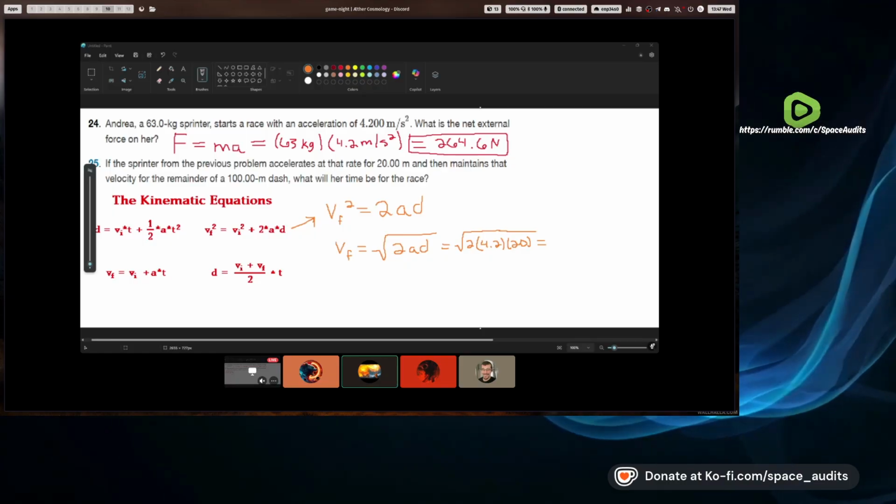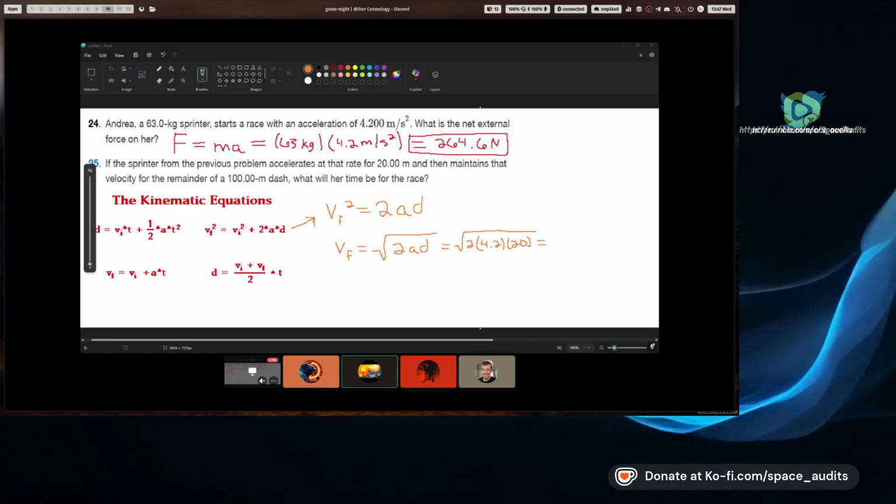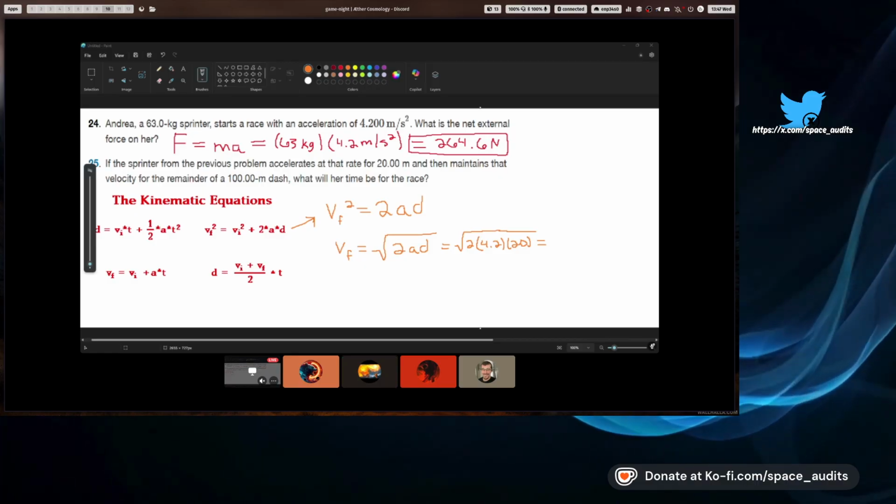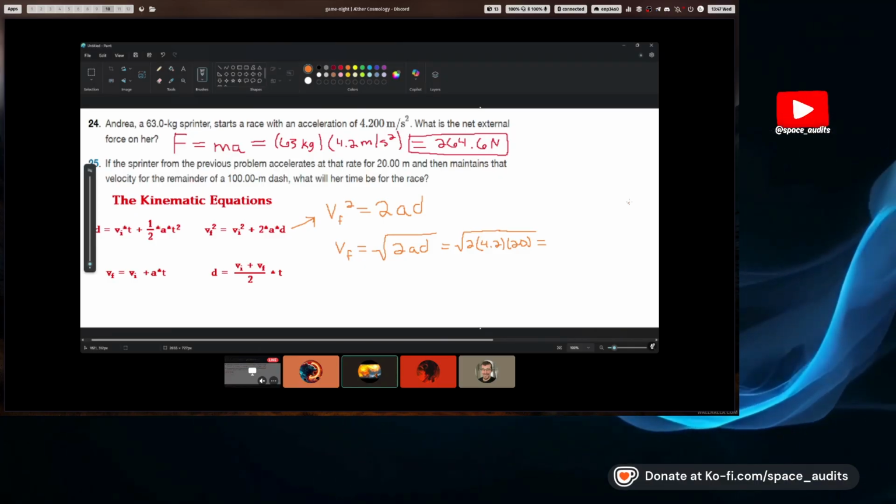Square root of 2 times 4.2 times 20. 12.96.